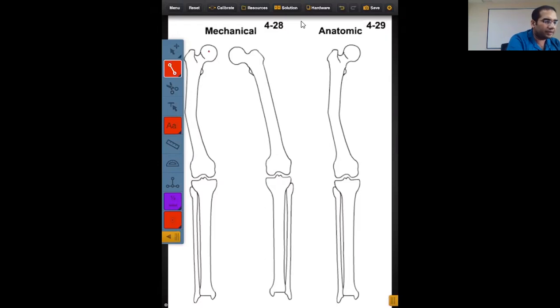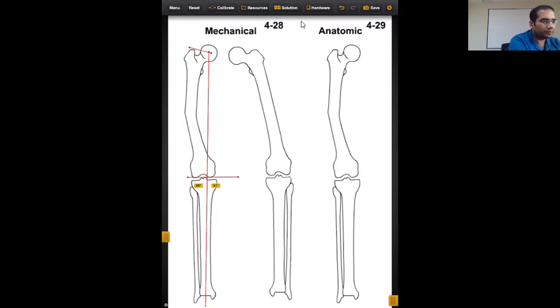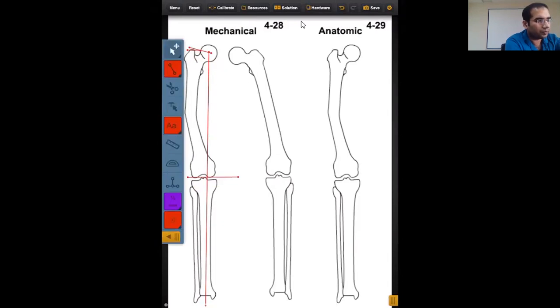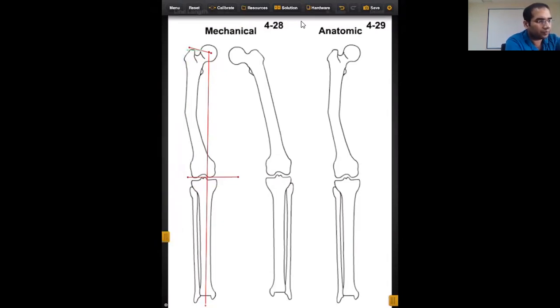In this case, again, as you can see, there is a deformity. I will draw joint orientation lines. These are the X-rays from yesterday.